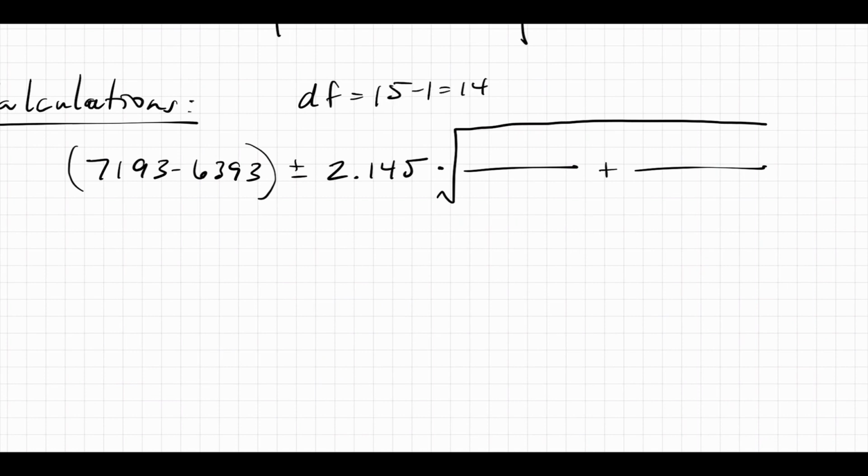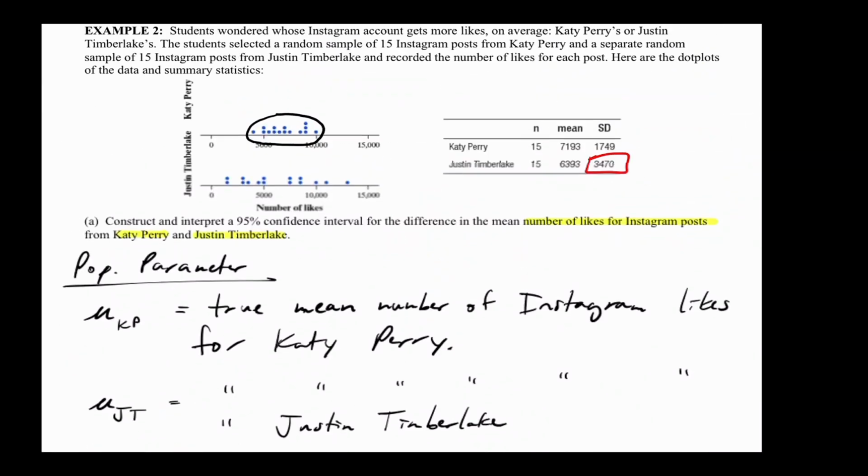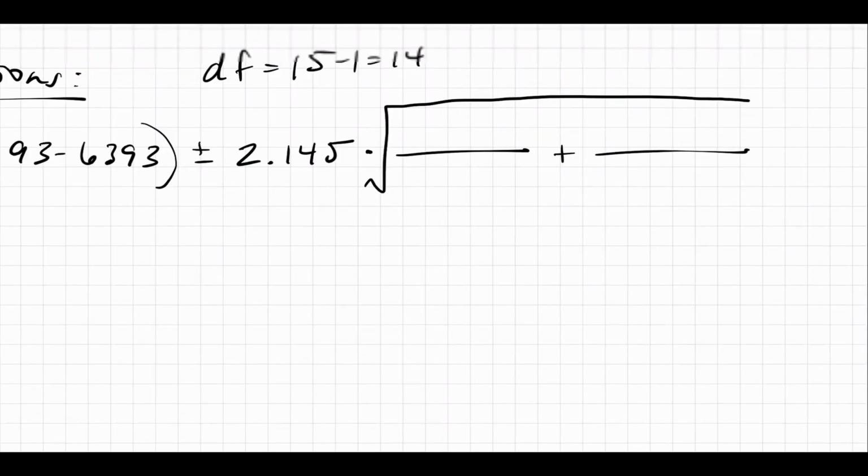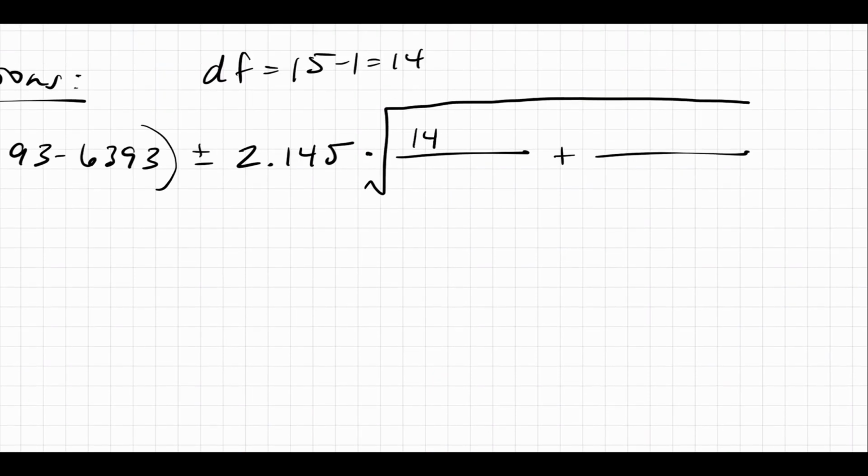Okay, so underneath we have the standard deviation for the first one squared. Katy Perry's standard deviation is 1,749 squared, over how many in her sample?